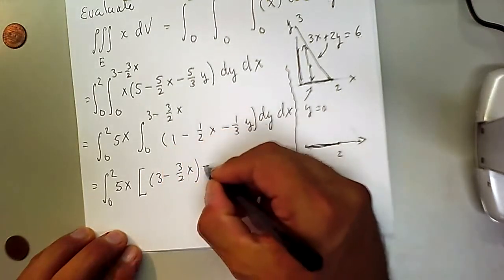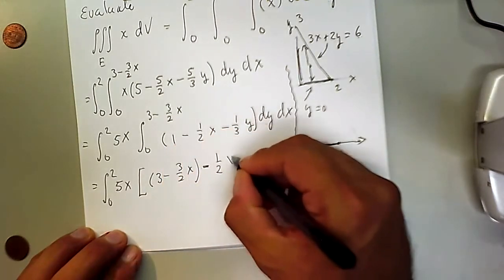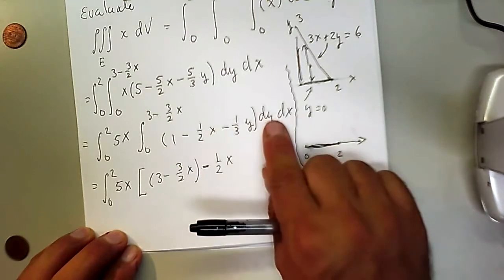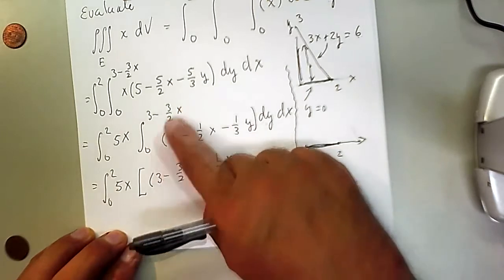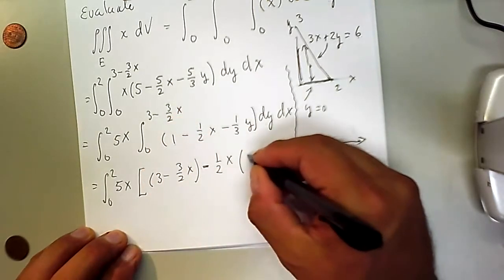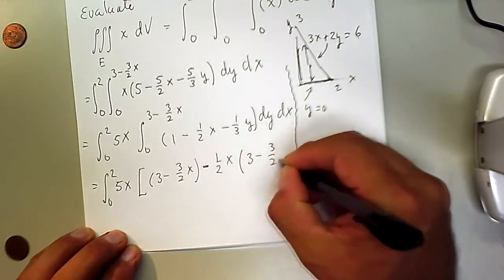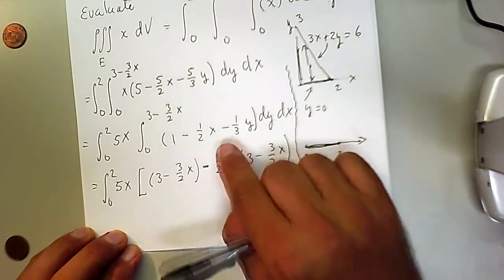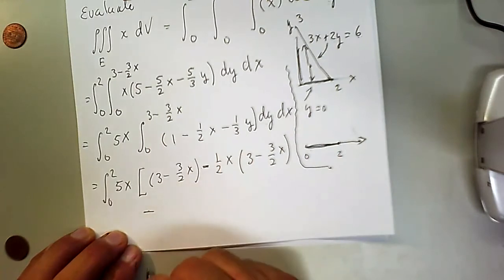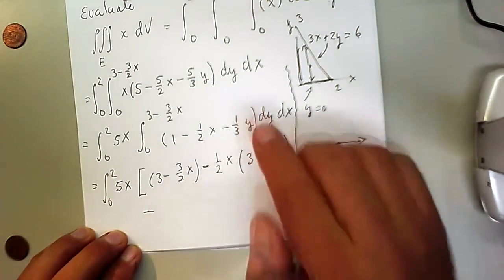Minus half x, because we're integrating with respect to y, that means just y. Plug in this, plug in it, and subtract. So 3 minus 3 over 2x. Close parenthesis. Minus 1/3.